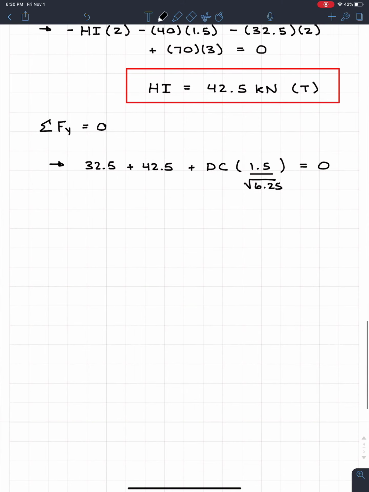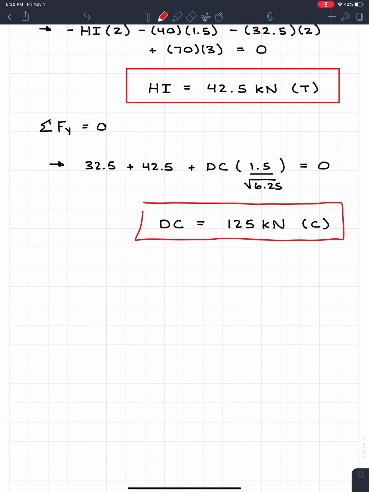What happens is we get DC is equal to 125 kilonewtons. But the answer that we get from this formula is DC is actually negative 125. What that means is the assumed tension is wrong, and 125 is actually in compression. So we're still going to have it as 125 kilonewtons, but we're going to specifically state that this member is in compression.